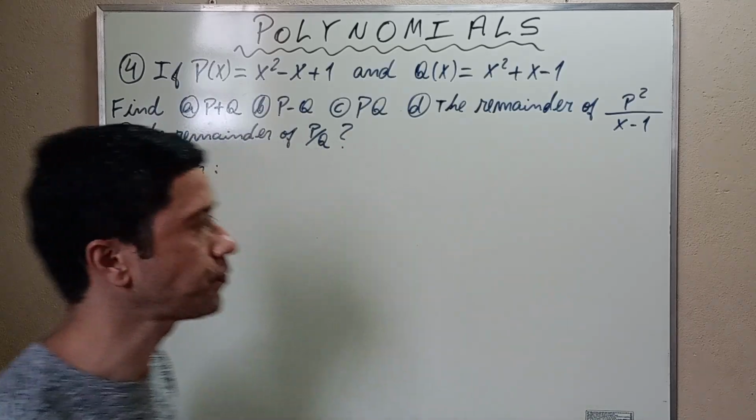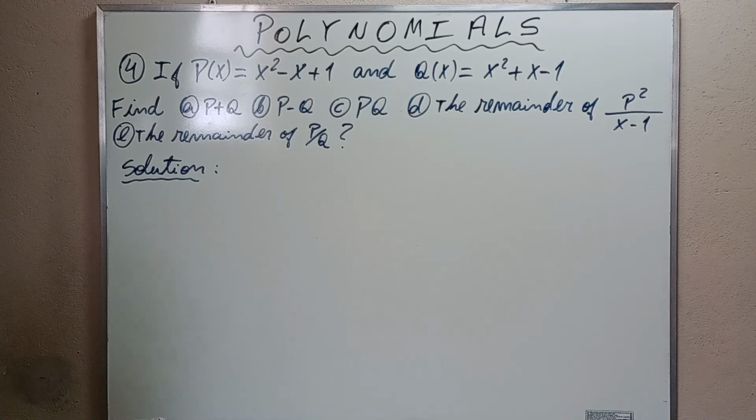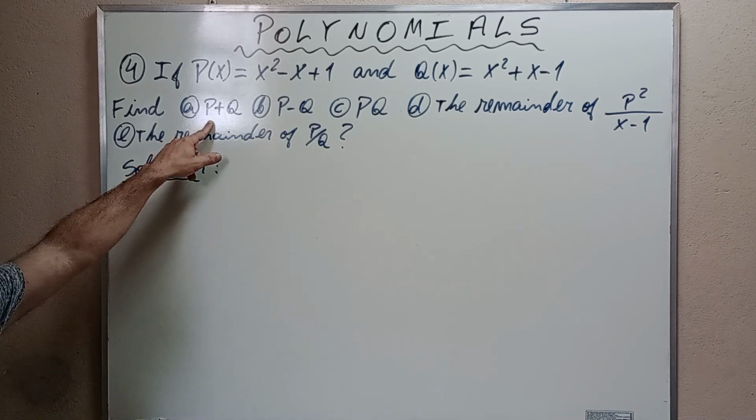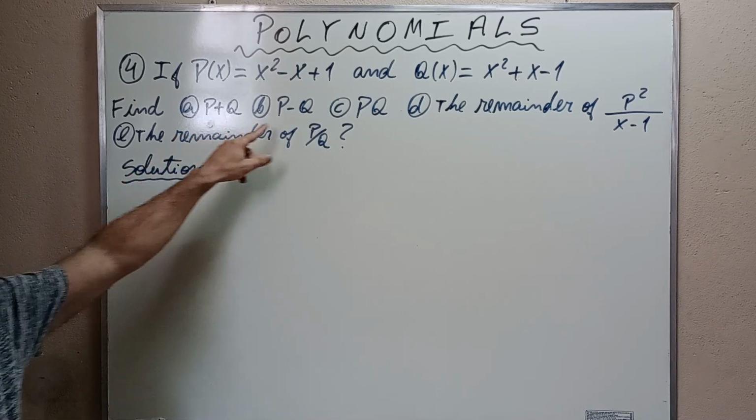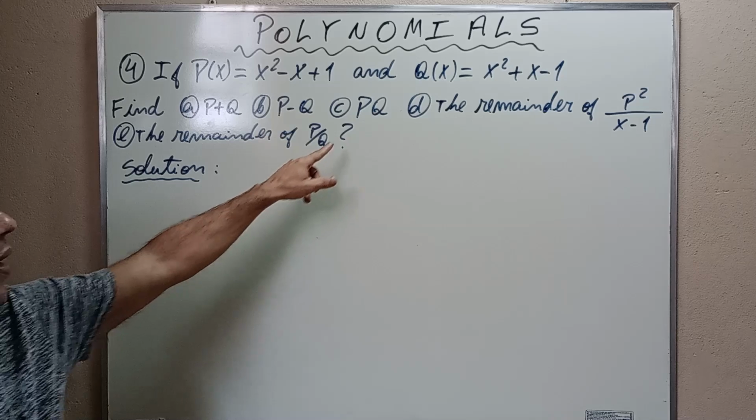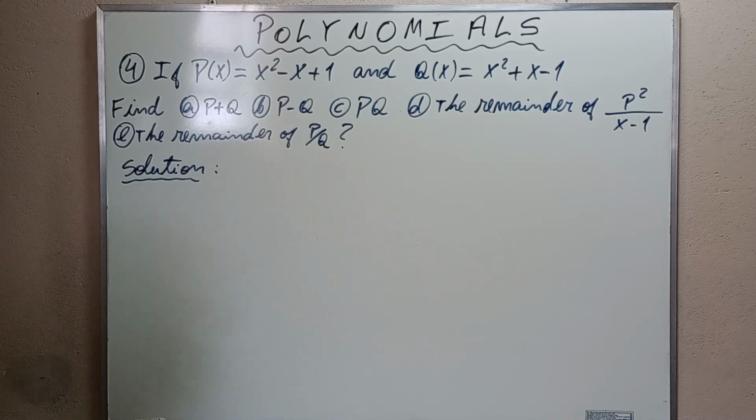Exercise number 4 now. If p of x is equal to x squared minus x plus 1 and q of x is equal to x squared plus x minus 1, find in letter A p plus q, in letter B p minus q, in letter C p times q, in letter D the remainder of the division between p squared and x minus 1, and in letter E the remainder of the division between p and q.